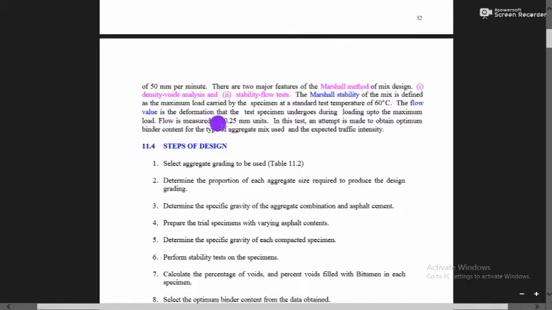Flow is measured in 0.25 mm units in this test, and the attempt is made to find the optimum binder content for the type of aggregate mix used and the expected traffic intensity.